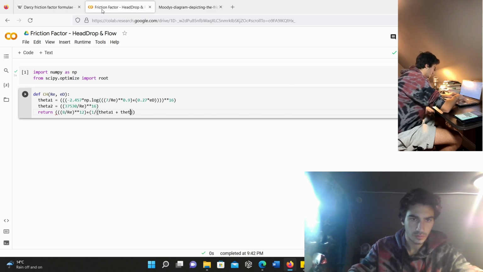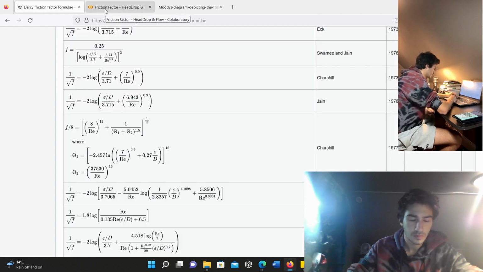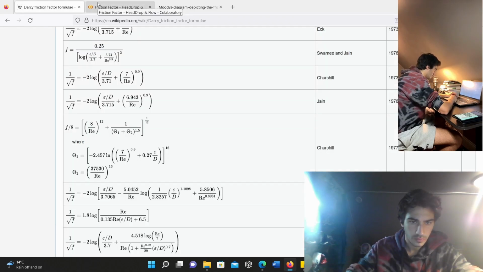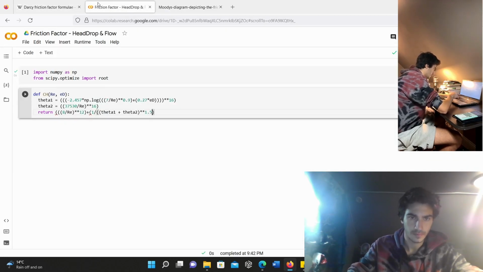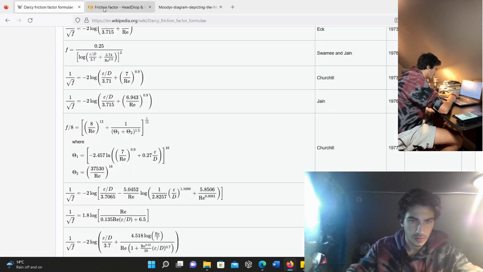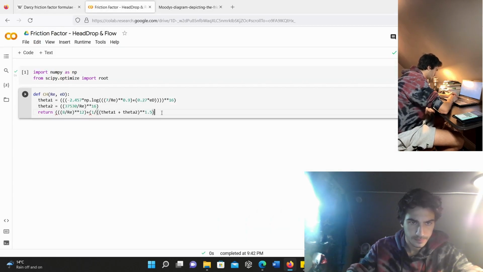Theta 1 and theta 2 come in. An extra square here, 1.5, and 1/12. So I have this plus this.